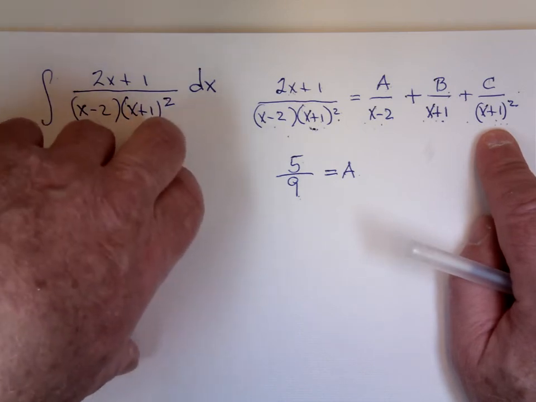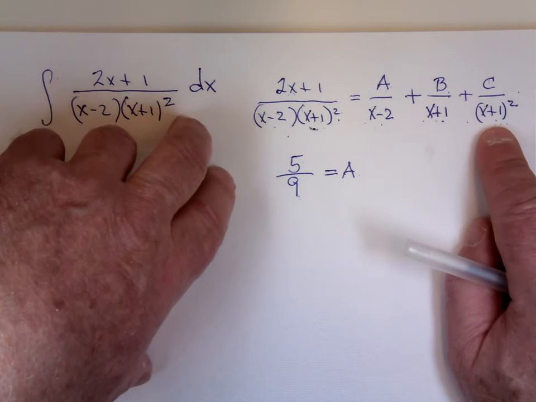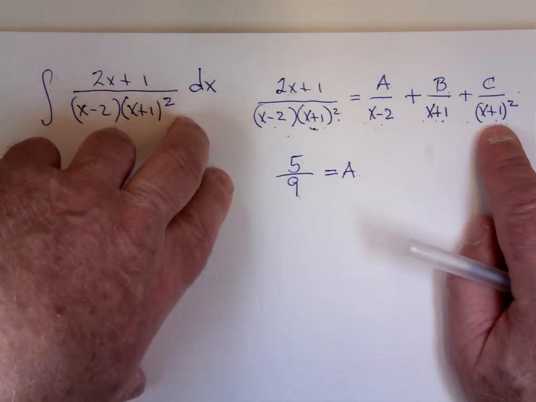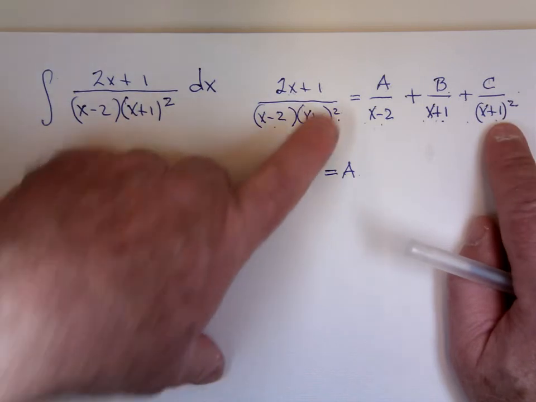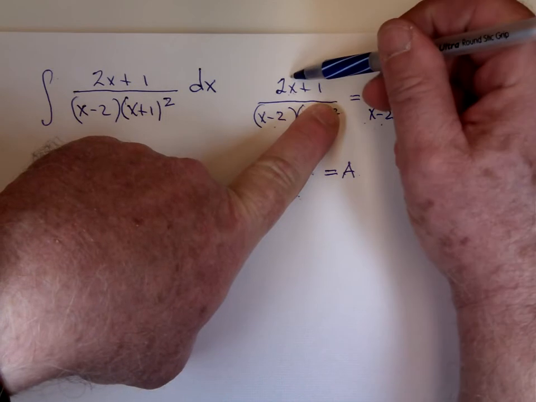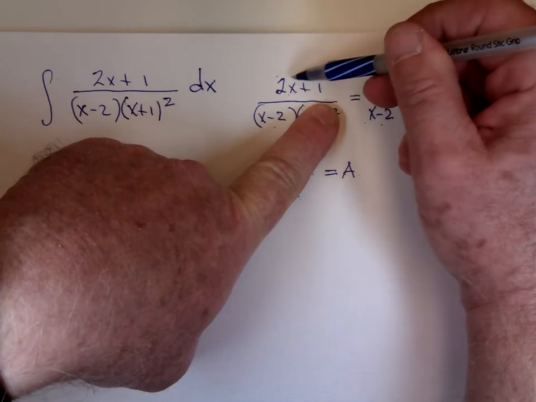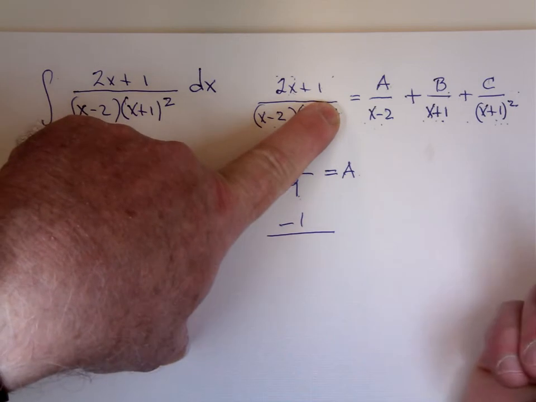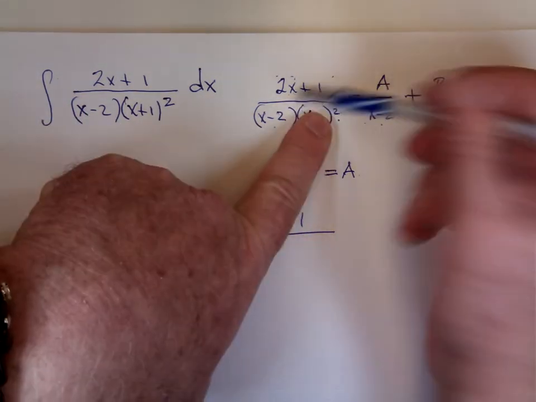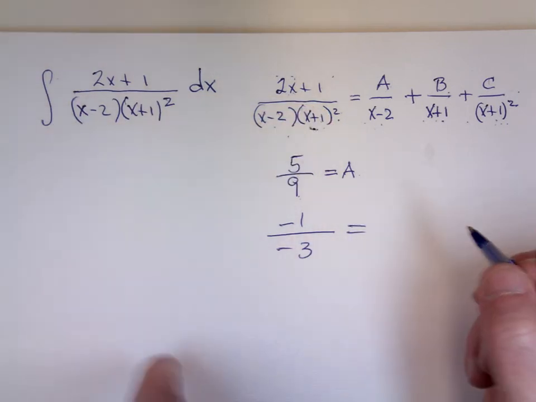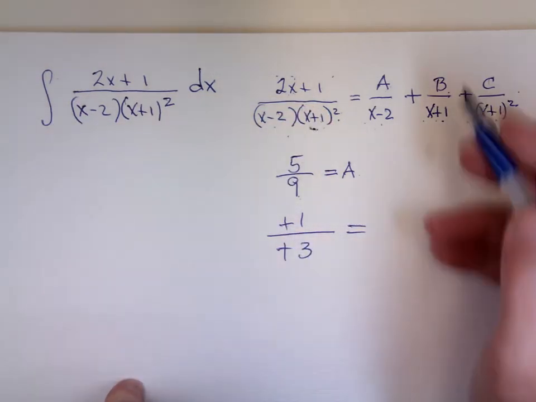So, to get C, I'm going to multiply both sides by x plus 1 squared, the denominator, and then I'm going to let x equal -1. When x is -1 times 2 is -2, plus 1 is -1. -1 minus 2 is -3. Yeah, 1/3, changing the pluses. Now, I've multiplied by x plus 1 squared.